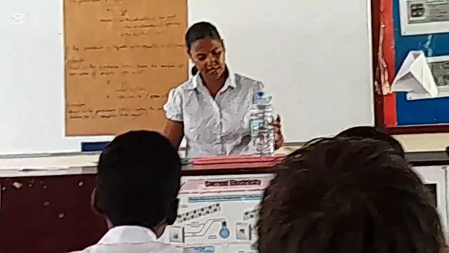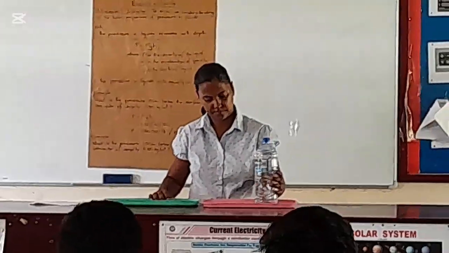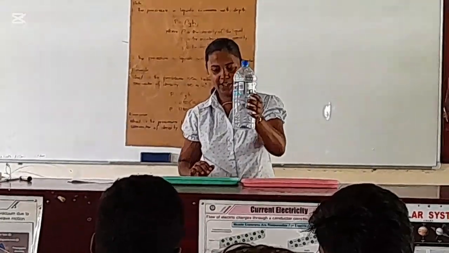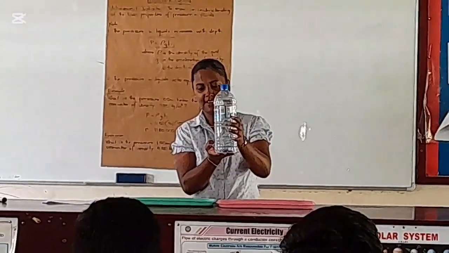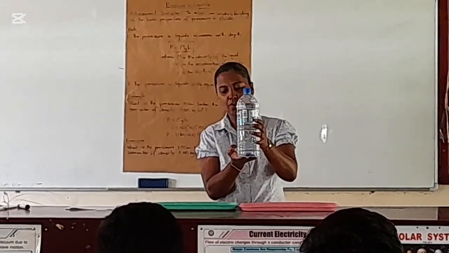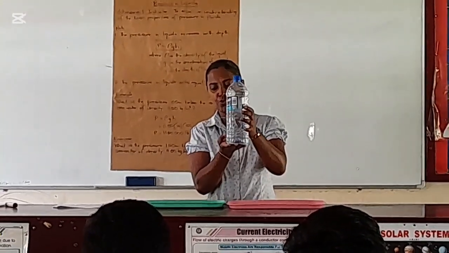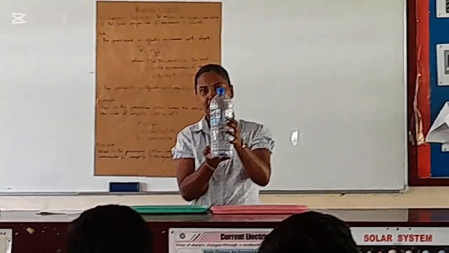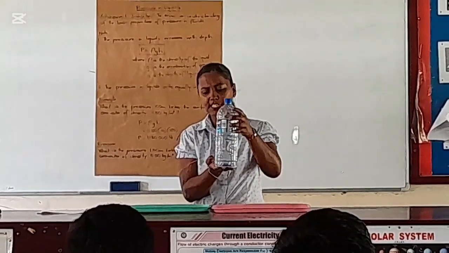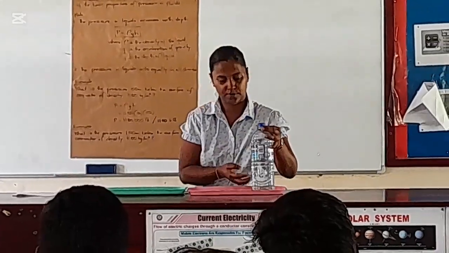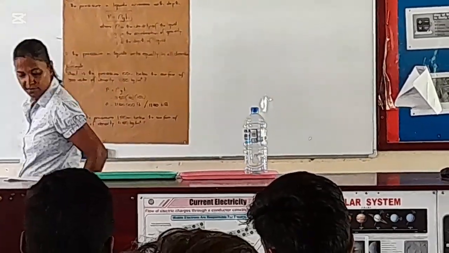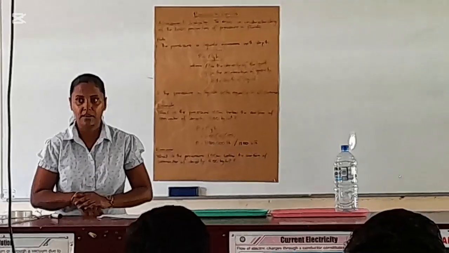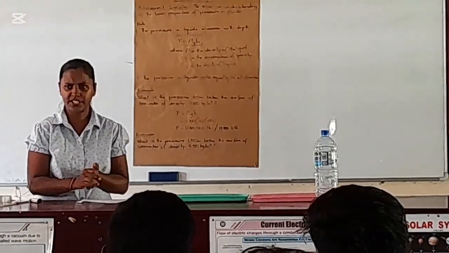We have 2 holes here. Okay, if you look at it like this, from these 2 holes you can see the bottom one shoots the water at a greater distance. Now, why is that so? Because of the pressure.